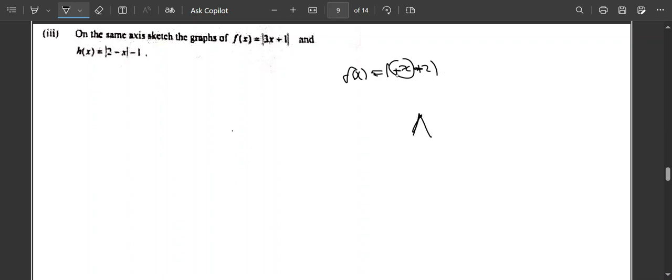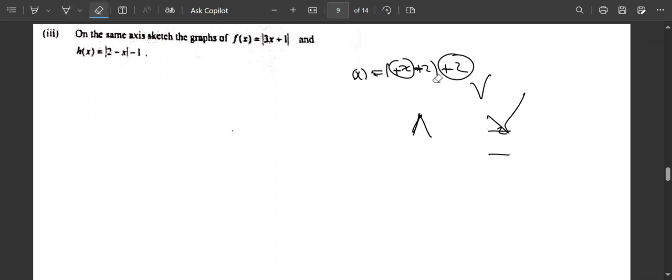Then if it's positive where there's x there, the function is going up. Simple. Then if there's an independent number here, let's say plus 2, then that is the horizontal shift. Those are the tricks that you'll be using, and I'll explain them later.